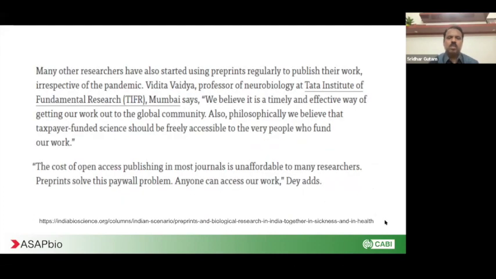The researchers also say that the preprint publication system should be used by more people. I quote from a blog post where the researcher says that it is an effective and timely way of getting your work read by the global community, and it is affordable not only to the researchers but also to the readers.